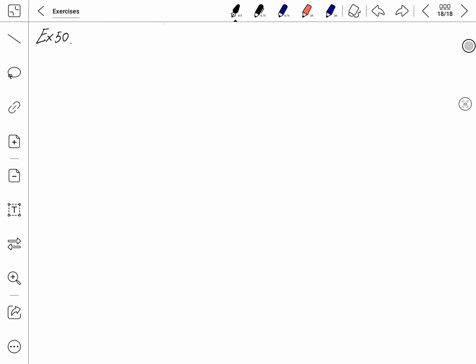Exercise 50. Let's talk about this real symmetric matrix. The spectral theorem for symmetric matrices.